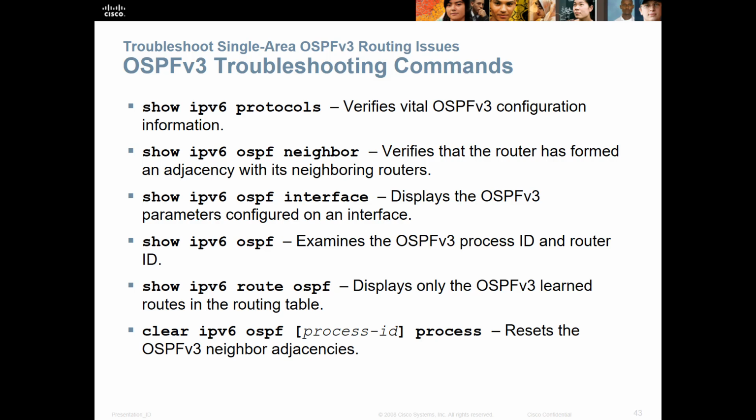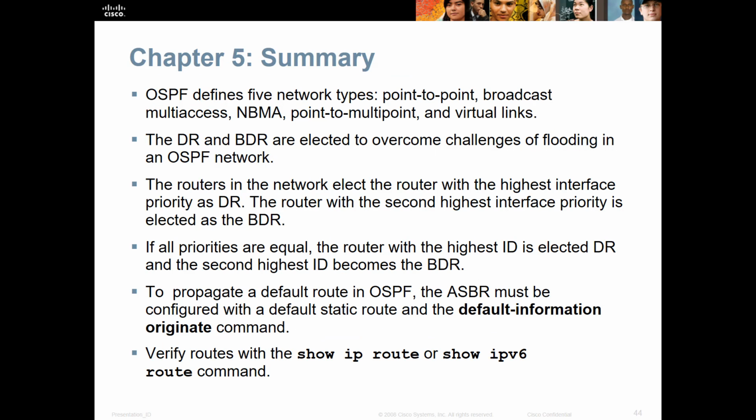When we talk about OSPFv3, same thing, except when we're looking at our command, it's not show IP protocols, it's show IPv6 protocols. So do keep that in mind. And that is Chapter 5 in a nutshell.